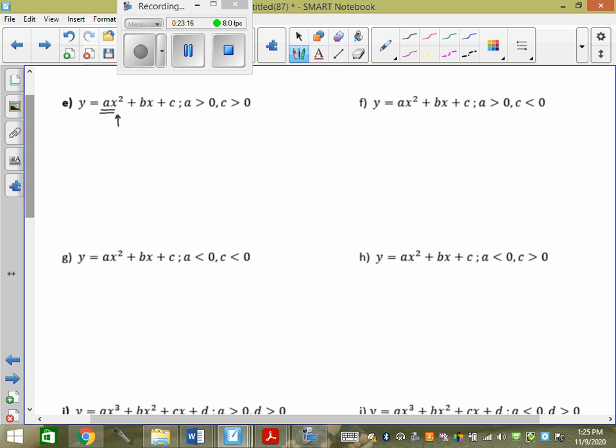It's up on the right, and because it's degree 2, it's actually up on the left. And C is greater than 0 tells me that C is positive, right? So we know we have a quadratic that has 2 arrows up, which means it has a minimum, and it has to have a positive y-intercept. So I'm going to go like that.